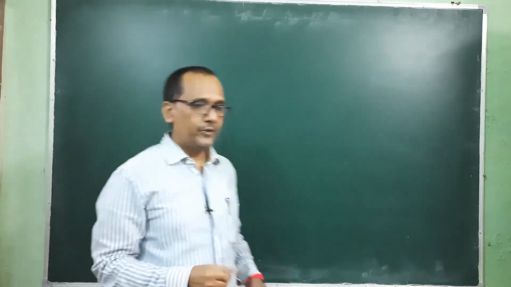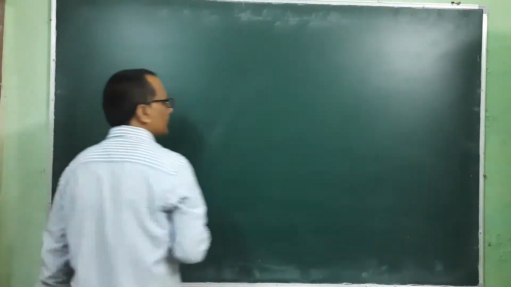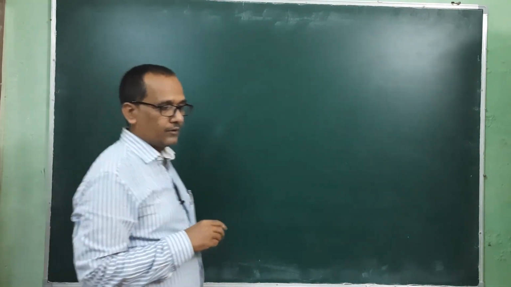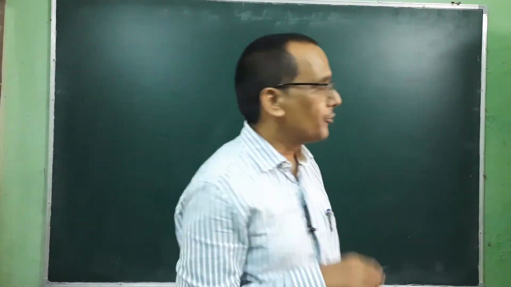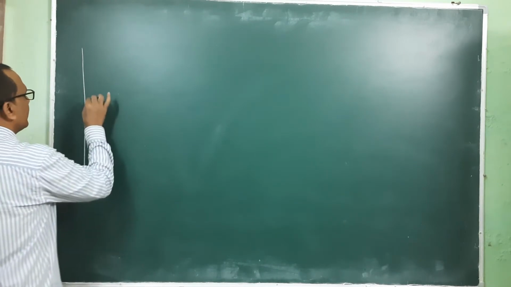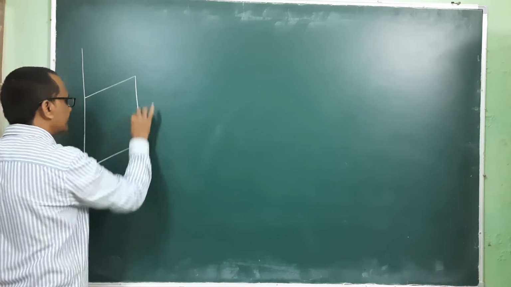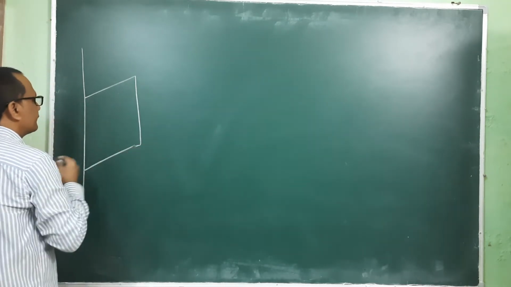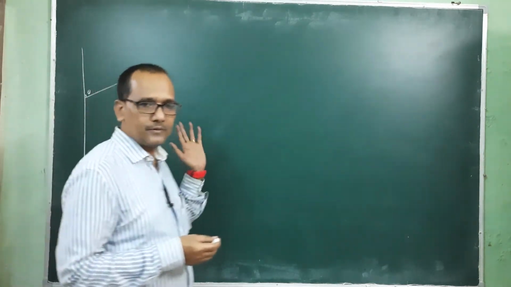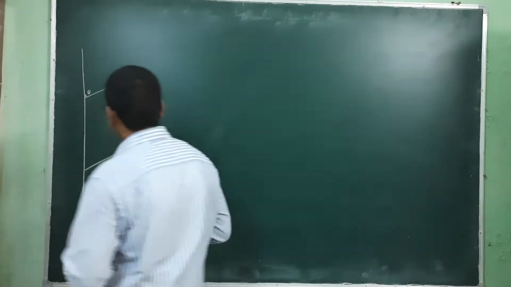Now let us introduce one more physical parameter in rotational motion, and before that let us think about the rotational motion of a door. This is the hinge axis, and this is the door. Think about this.